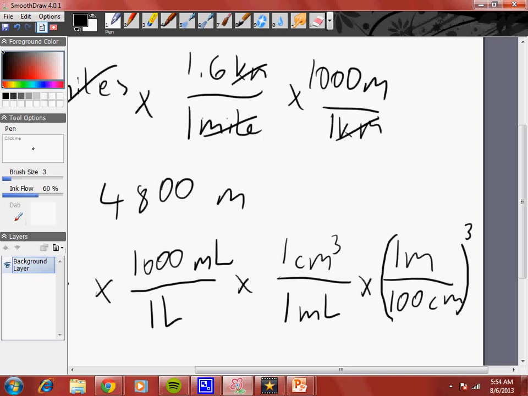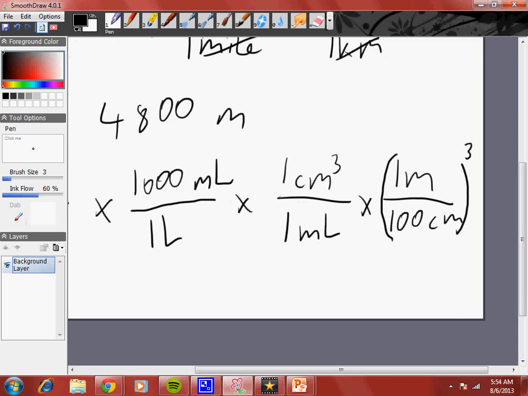centimeters is equivalent to 1 meter, but this unit will not cancel out this unit. So what I need to do is take this little guy and put it to the power of 3, which would cause it to be meters cubed and centimeters cubed. Some people just leave it as 1 over 100, but really it's 1 over 100 cubed.